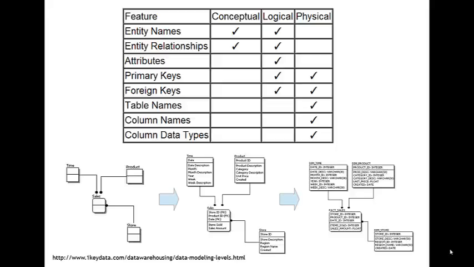And by the time we move to the physical model, we're converting entities into physical tables with particular names on columns and the particular data types assigned to columns. So it's a process of increasing the specificity of the model.